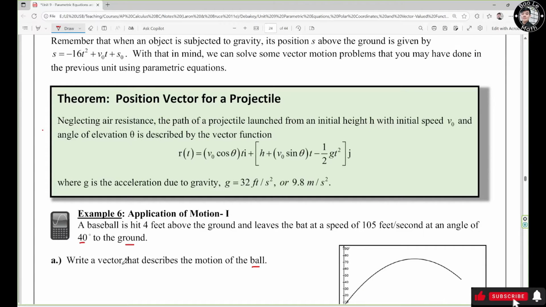Alright, so in order to write the vector, we need to use this theorem, position vector for a projectile.